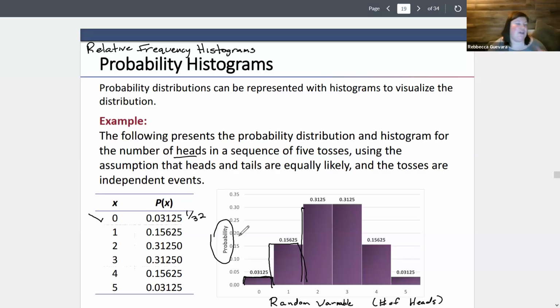That's 5. There are 5 different ways to get that, so this is 5 out of 32. And then this is 10 out of 32. We're still representing those relative frequencies, just writing them as proportions this time.